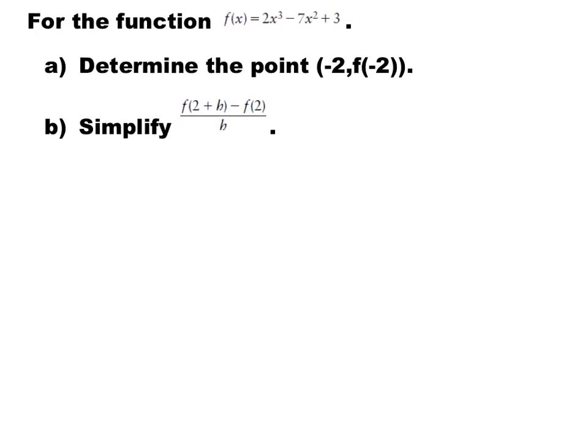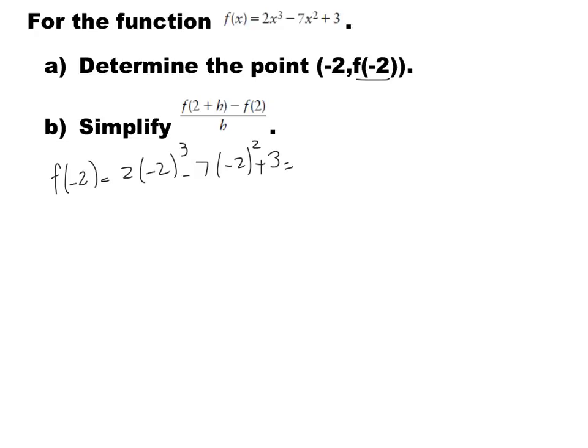So the first one, to find the point, we know the x value is negative 2. Now we have to find the y value, which is f of negative 2. For f of negative 2, we are going to replace x with negative 2. So we get 2 times negative 2 cubed, minus 7 times negative 2 squared, plus 3.